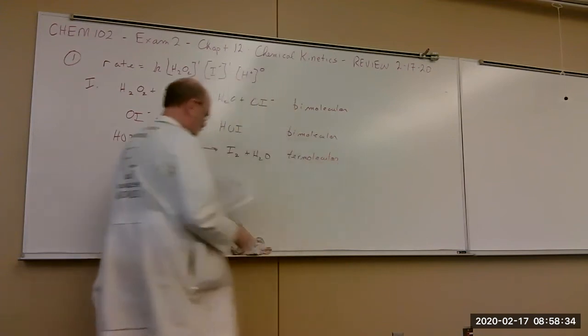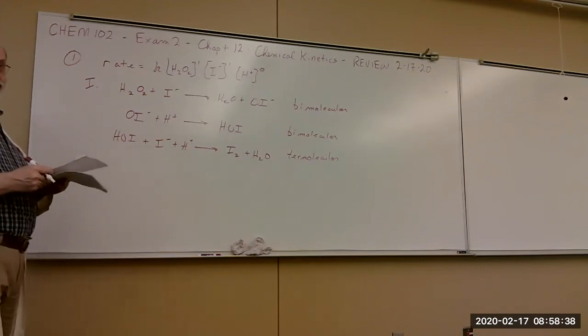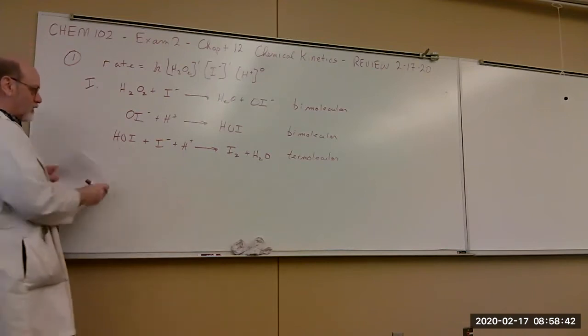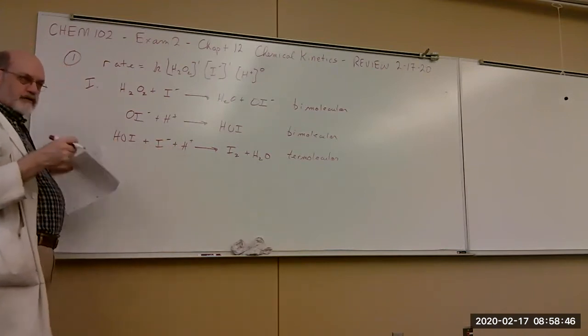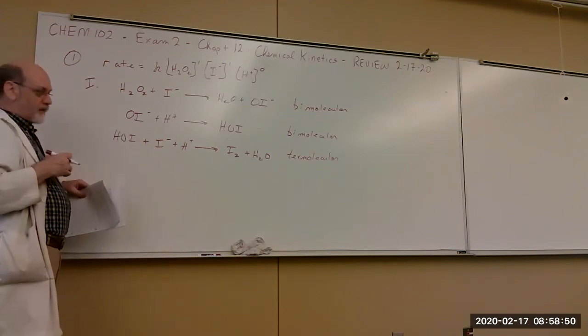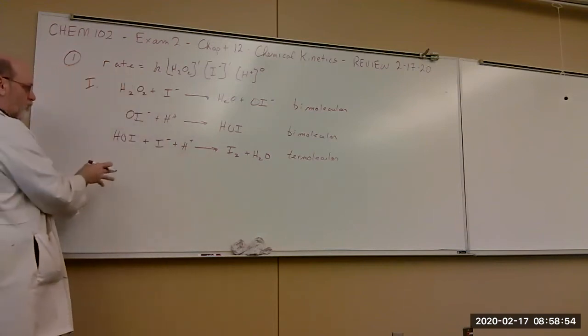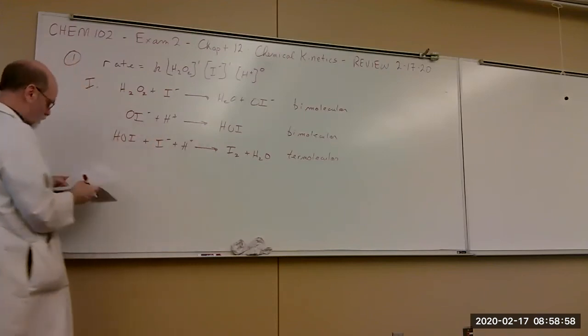And what do we say about termoleculars? They're very, very rare. Because you've got to get these three reactants coming together with sufficient energy and orientation so that the reaction proceeds to the products. That's why, in probabilistic terms, this is very rare.